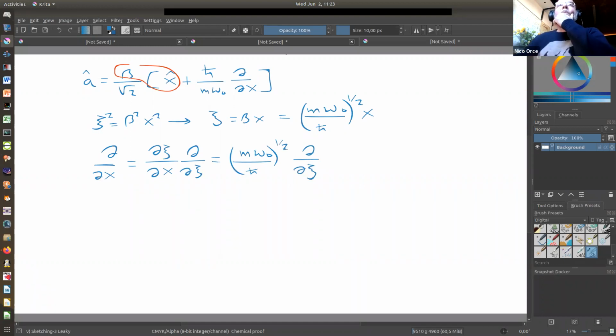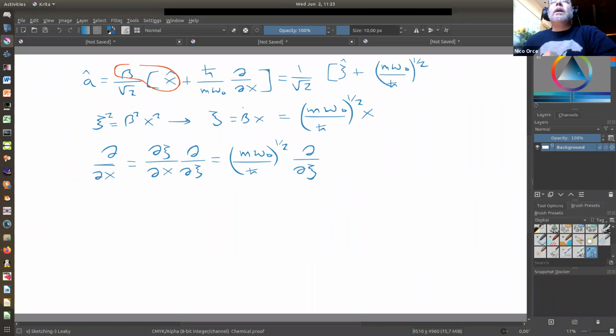And now we can introduce this here, and then we're going to have something very interesting, because this is going to be square root of 2. And then here we're going to have the psi, which is an operator always. But now let's see what happened, because this was beta. Let's put beta inside, which was (m omega naught over h bar) to the 1/2. That's beta.